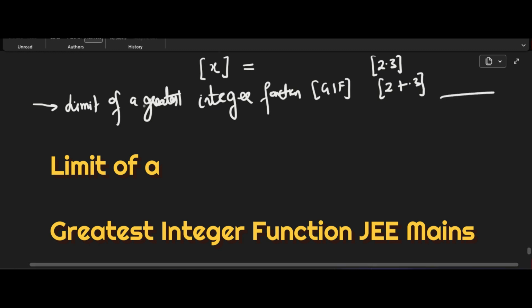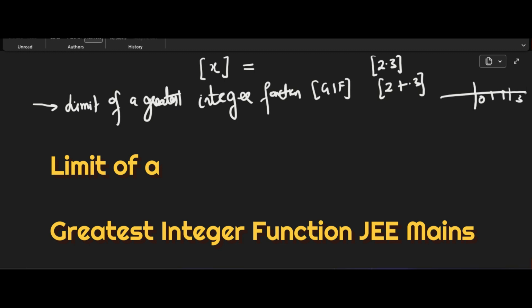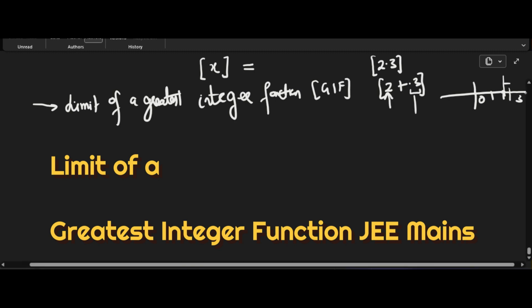If you see the number line, this is 0, this is 1, 2, and this is 3, then this is 2.3. The number on the left of 2.3 is 2. So the whole number to the left of 2.3 is called the greatest integer function, and the balance is called the fractional part. So the greatest integer function for 2.3 becomes 2.